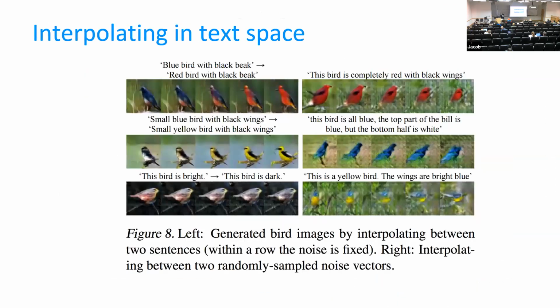Okay, so here we have interpolating in text space. This is kind of interesting. We take the embedding for one text description, and then the embedding for another text description. We'll call this V1, bluebird with black beak, and V2 will be red bird with black beak.